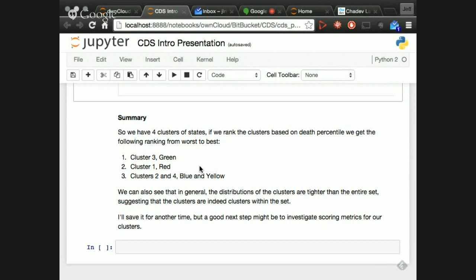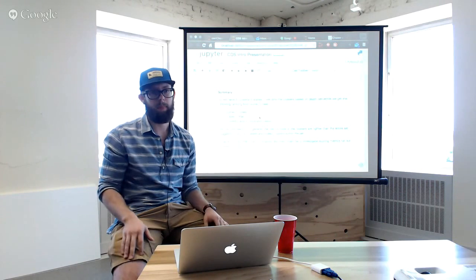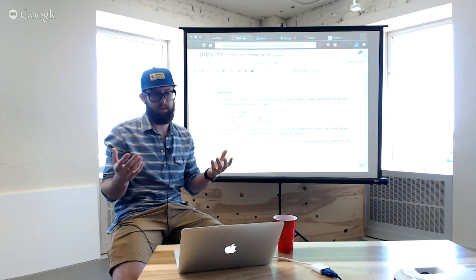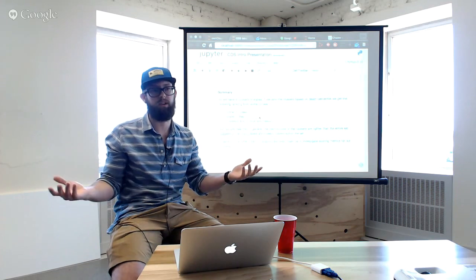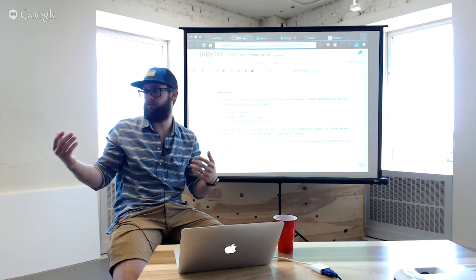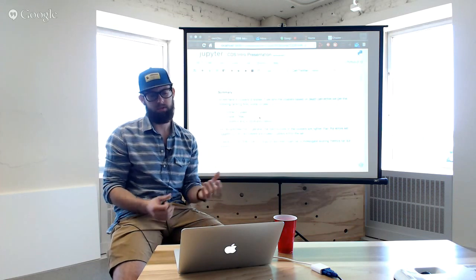But what you may want is a full scoring metric across the whole 7 features, and find a way to score whether this cluster is worse than that cluster, based on however I weight all of these different averages of these features.